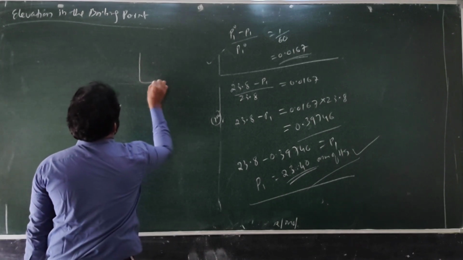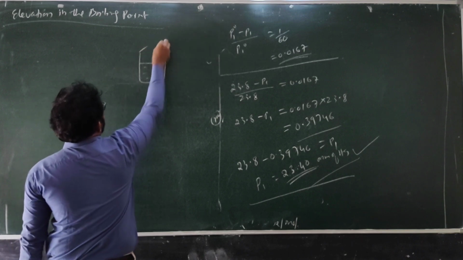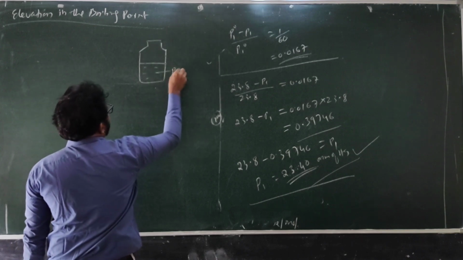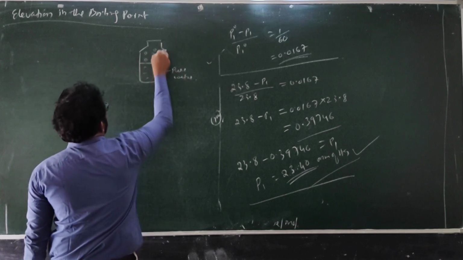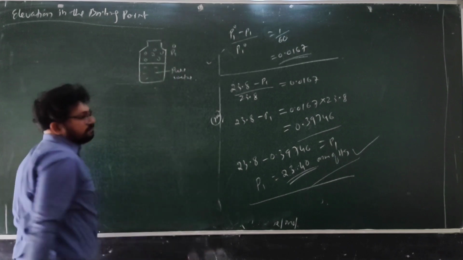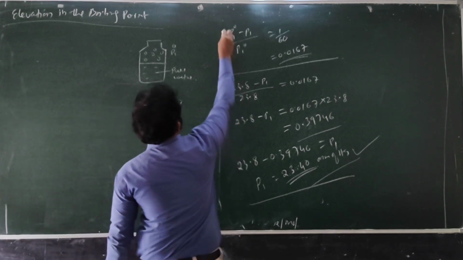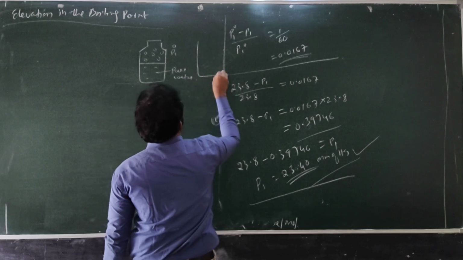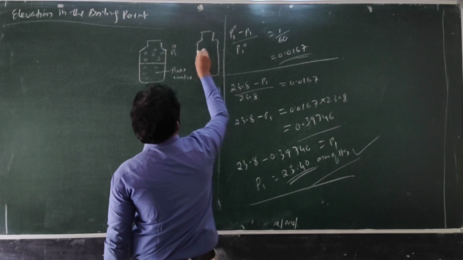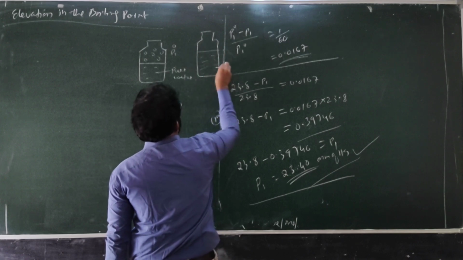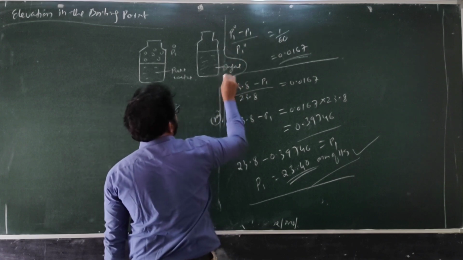Again you have to come to the vapor pressure concept. This is a vessel having pure water, pure solvent. So vapor pressure is P1 naught. Correct now? Now I will take one more vessel. One more vessel is the same vessel to which I will add, say, sugar. Sugar is a non-volatile solute. Sugar solution.